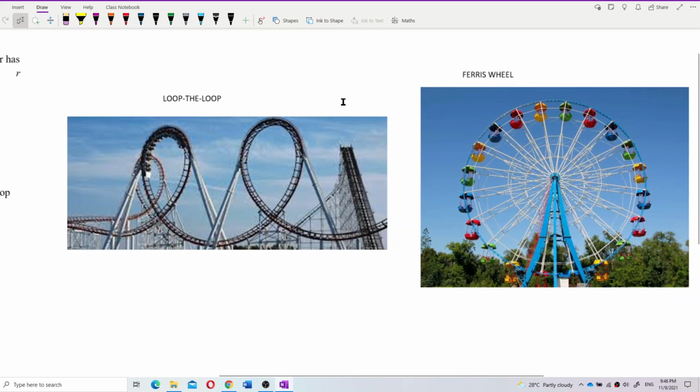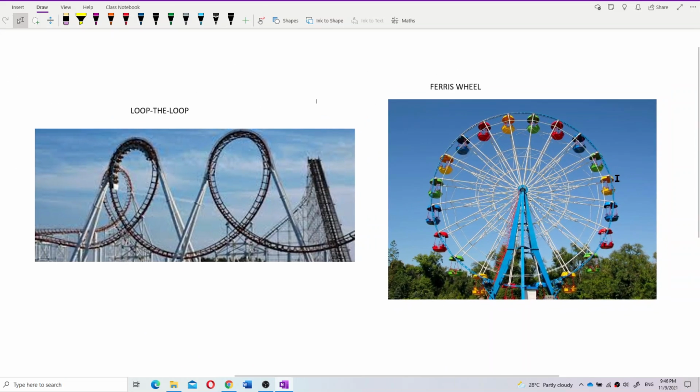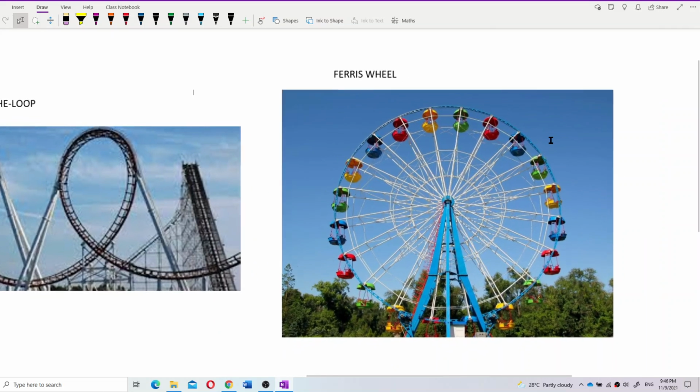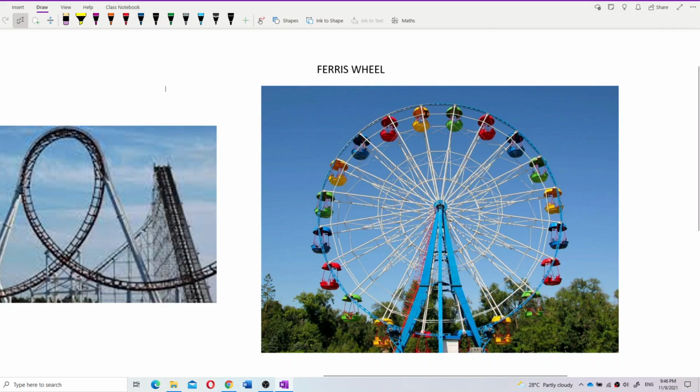That's the difference. In the previous video you already learned about the Ferris wheel. At the top position, your normal force is provided by the seat. Remember that, your normal force is provided by the seat.